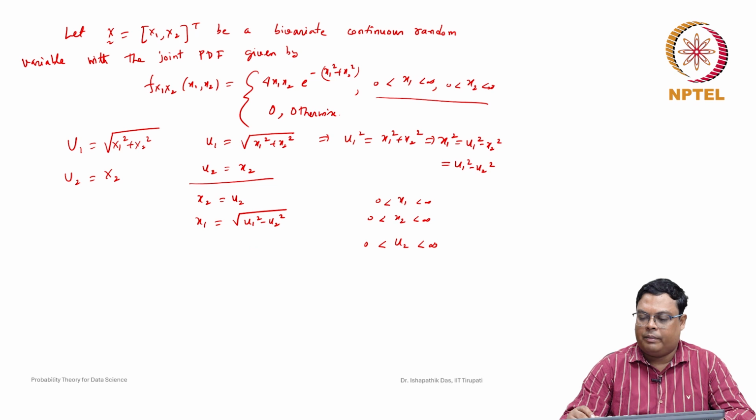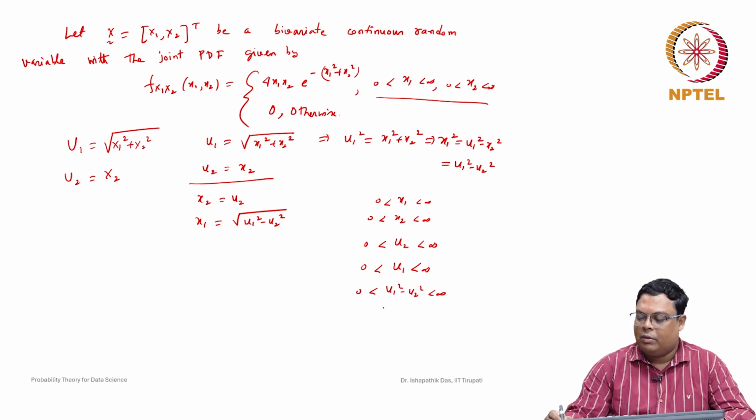Because u1 is the positive square root of x1 square plus x2 square, u1 also has to be greater than 0 and less than infinity. Also, since x1 is greater than 0, u1 square minus u2 square has to be greater than 0 and less than infinity.